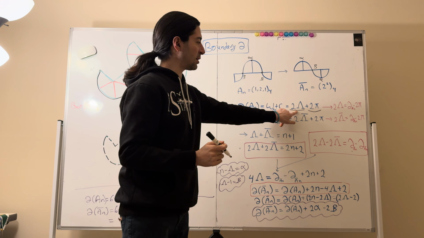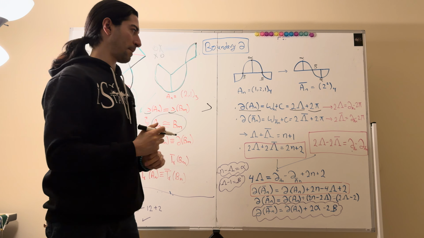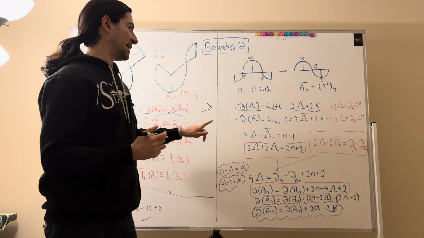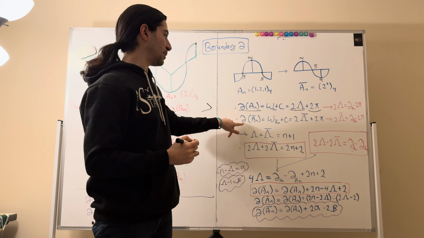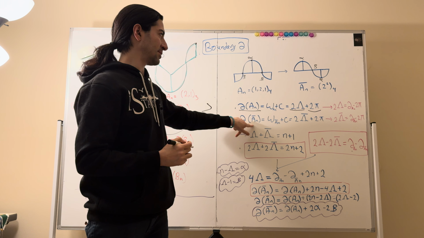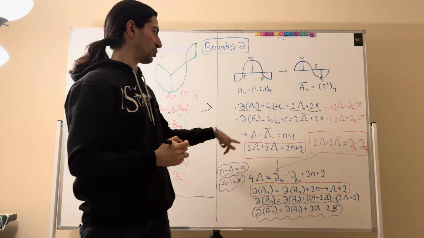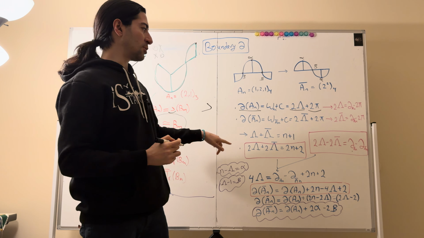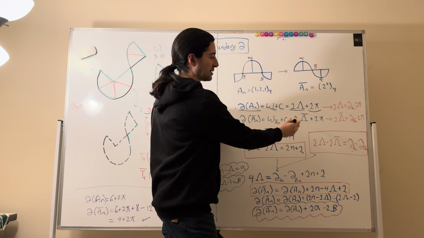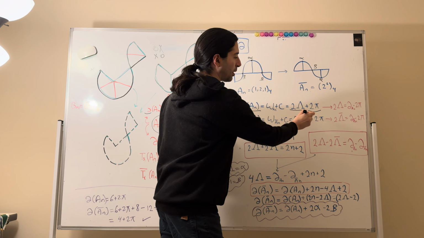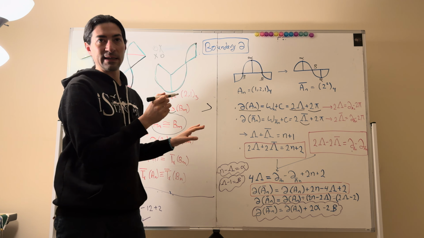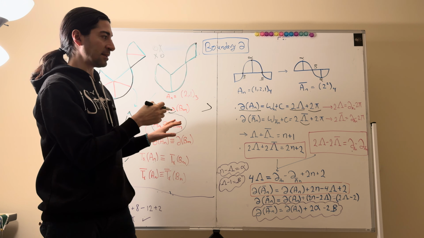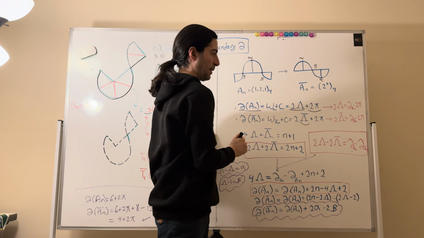So that's the walk plus the curve. And similarly, we can say that the boundary of the conjugate of AN is equal to the walk of AN plus the curve, which equals 2 times lambda bar, we'll put this bar to indicate the order of the conjugate, plus 2 pi.